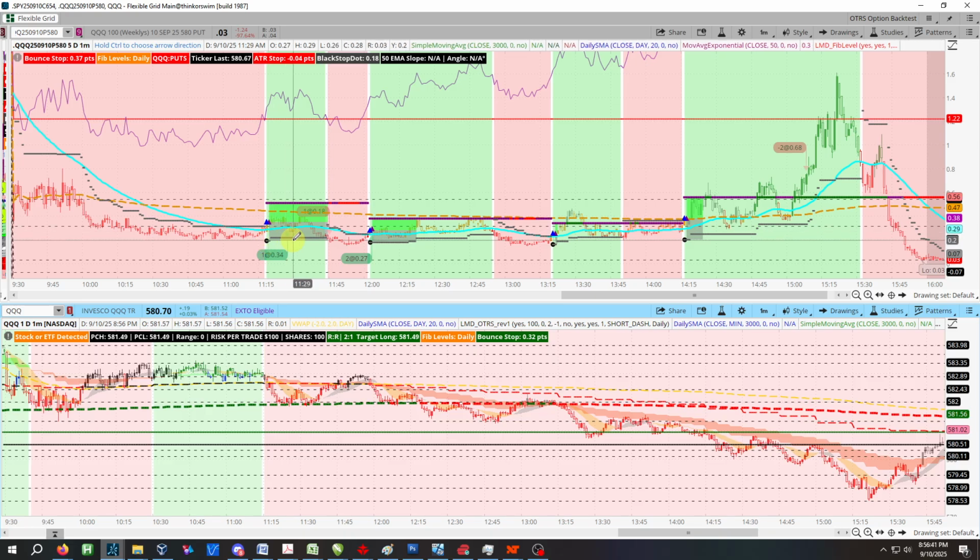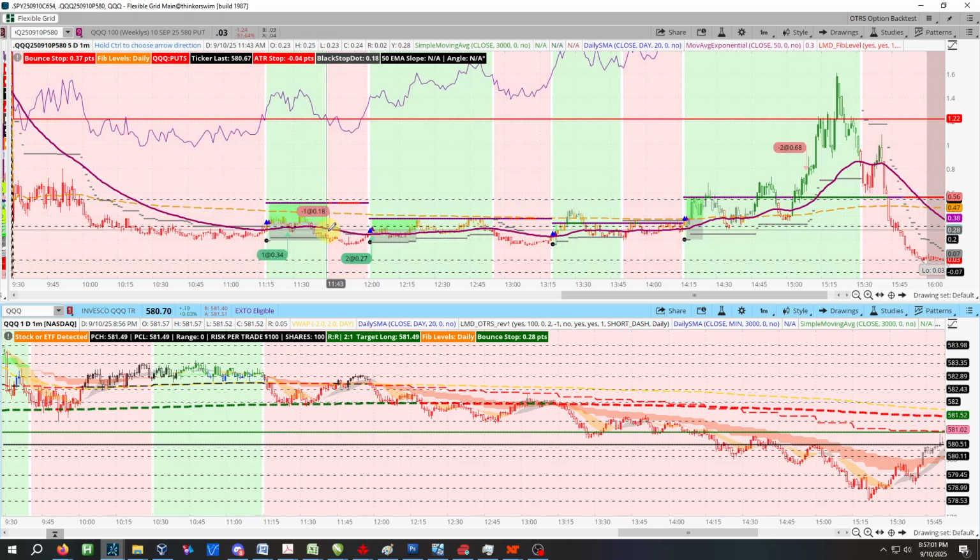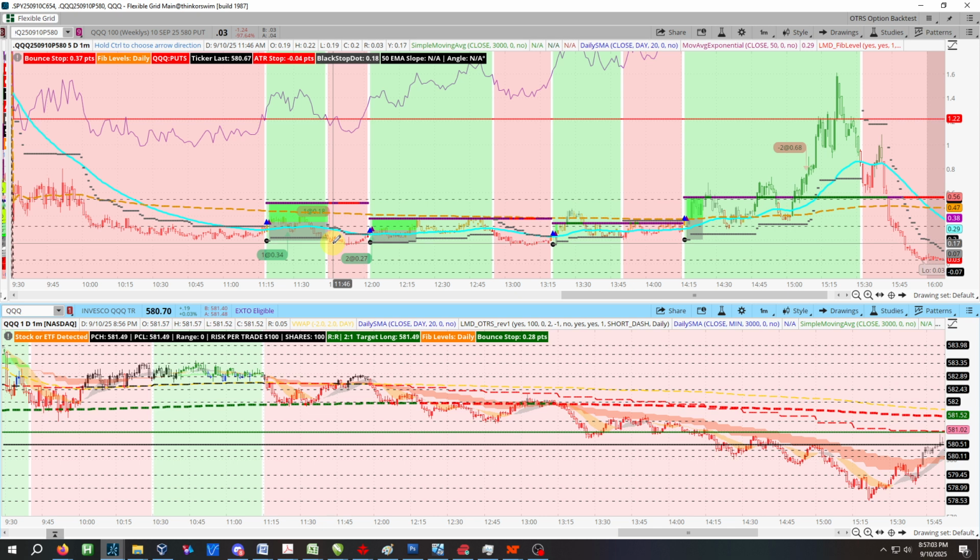If you're trying to get 1R out of the trade, which most of these go 1R just about every time. This particular one right here that I took earlier this morning didn't quite go 1R. It met resistance at this gold line, which is VWAP, and it rolled over, and I stopped out.